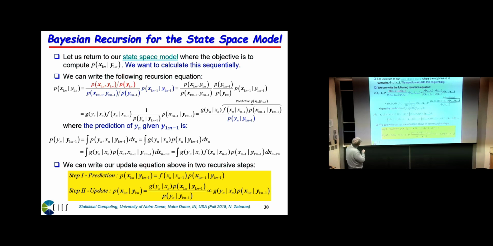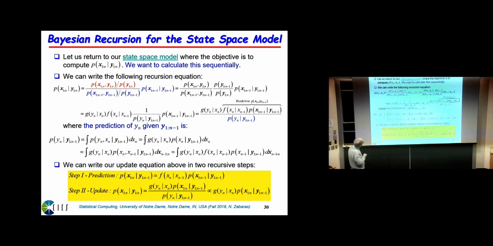So let me do the following thing. I'm going to take this red term and put it there. So it's the joint distribution up to time n. This is the joint distribution, which is nice, up to time n minus 1. And then I have the marginal of y from 1 to n minus 1 divided by the marginal of y from 1 to n, times this probability of x from 1 to n minus 1, given y 1 to n minus 1.